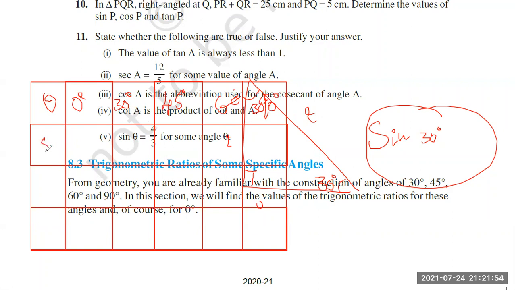So what is the value of sine 0 degrees? How much is it? And cos, then tan, and the remaining three ratios. So what are the values of the trigonometric ratios for these specific angles? This is what we are going to focus on in this particular video. Okay, so let's move forward.